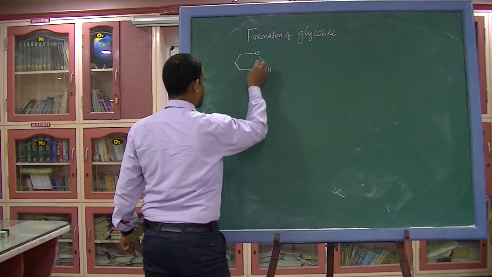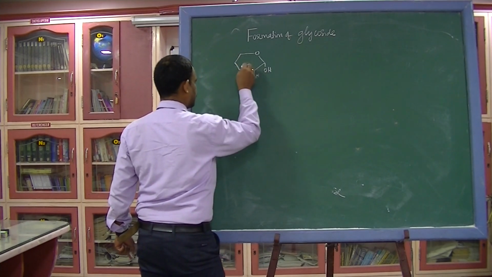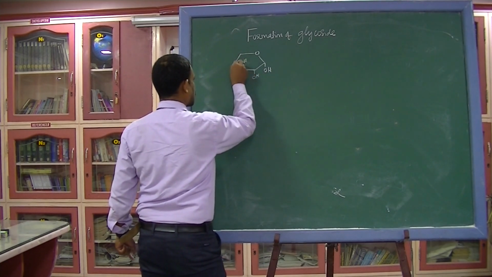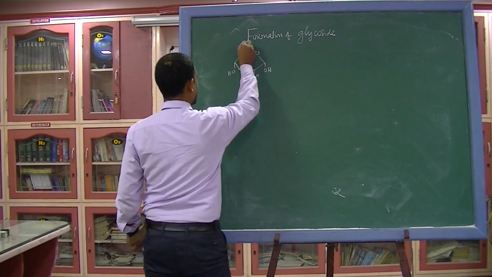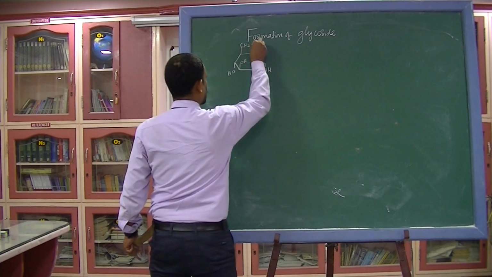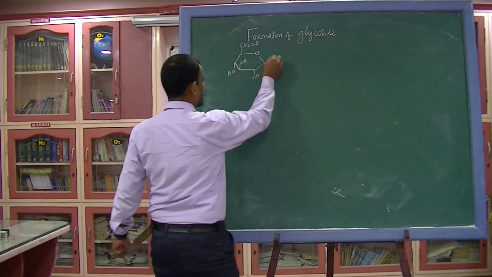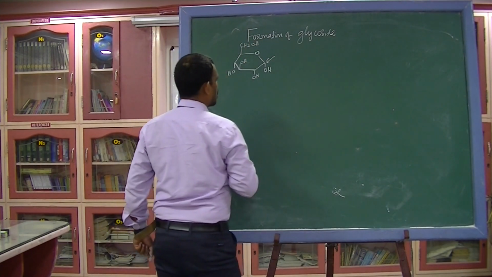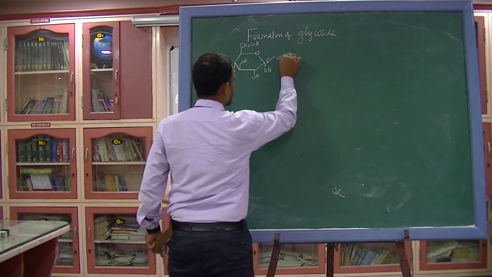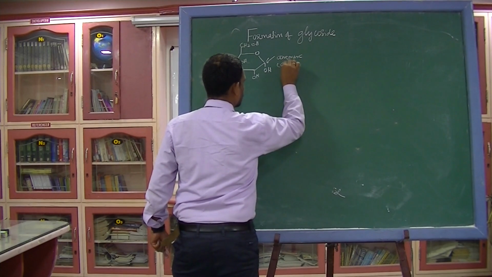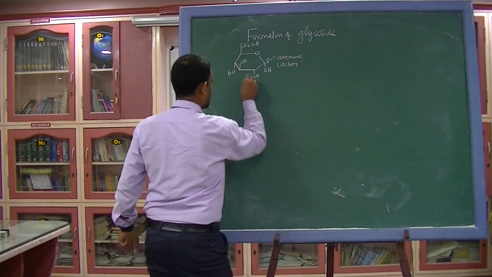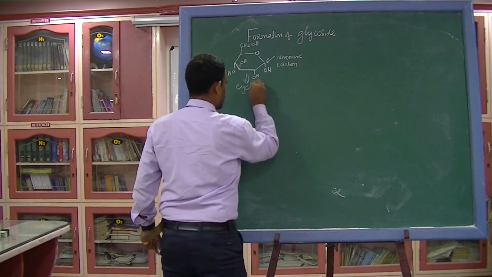For simplicity, I am omitting the hydrogens. So this is the structure of the alpha anomer of D-glucose. This is nothing but your cyclic form. This is your anomeric carbon. This is the cyclic hemiacetal.